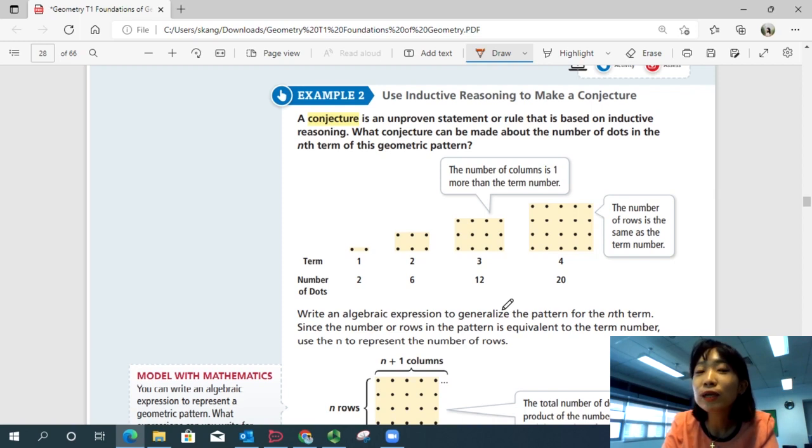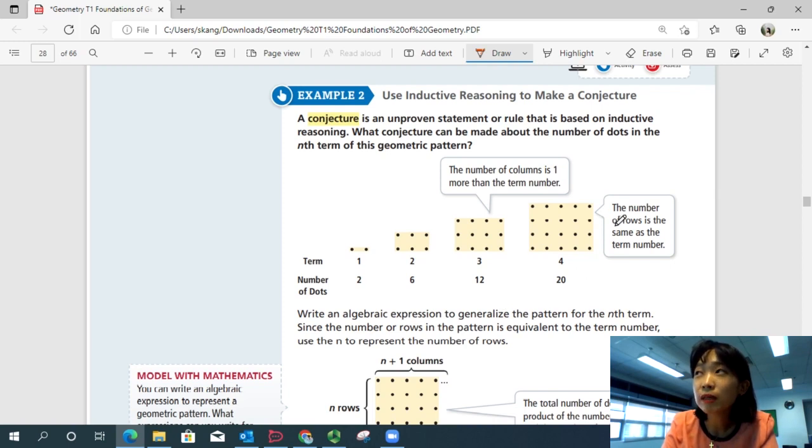So in order to prove it, you have to use theorems and postulates. But inductive reasoning, just like figuring out a pattern and making predictions for the next few terms, is a conjecture. In order to prove it, you need more steps.